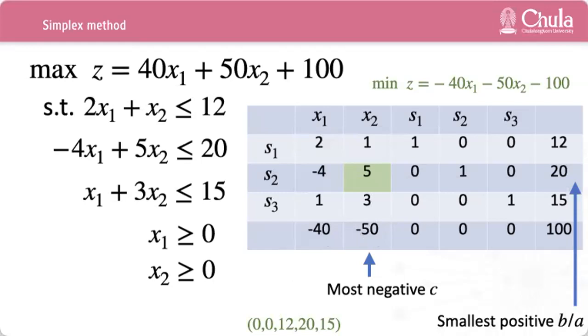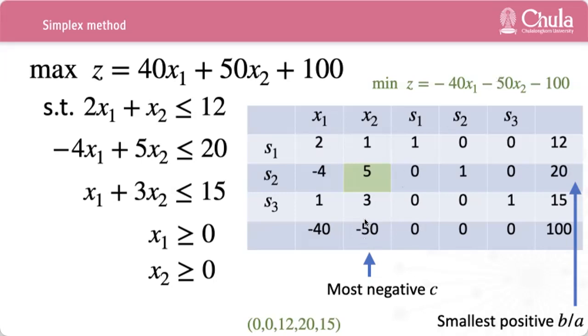What does it mean? It means that if we allow x2 to increase by 1, from 0 to 1, we can reduce the value of the objective function by 50. Because the coefficient is minus 50, right?